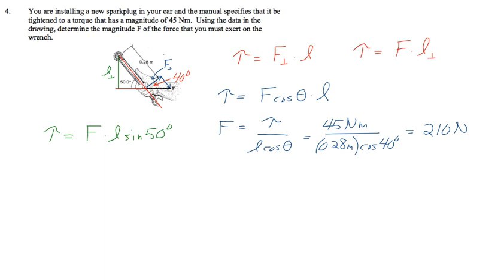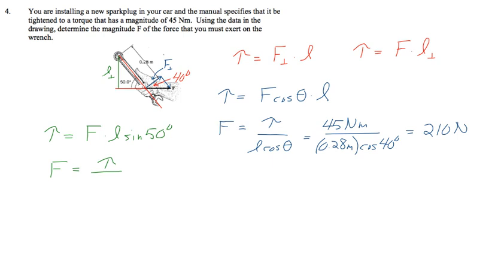So F is going to equal torque over, actually, over here I left it as theta and then put the angle, but we've got two thetas here, right? That theta is different than this theta. So I put the angle in over here instead of just leaving it as theta because it's a new theta.